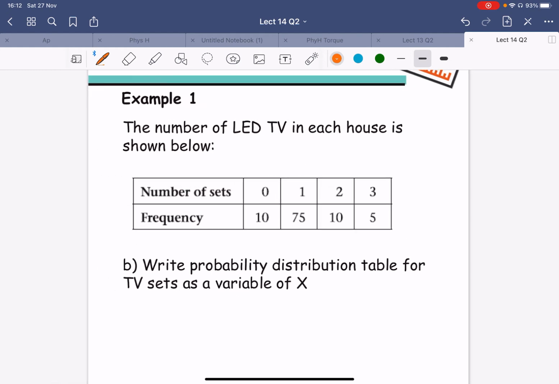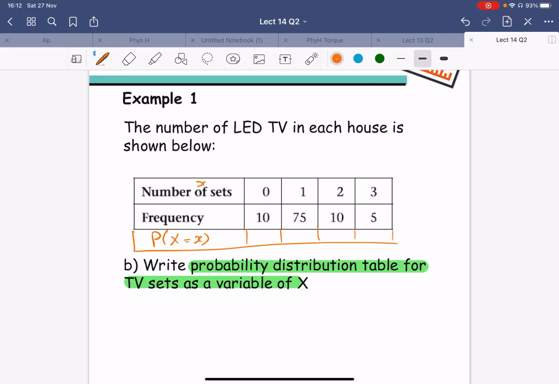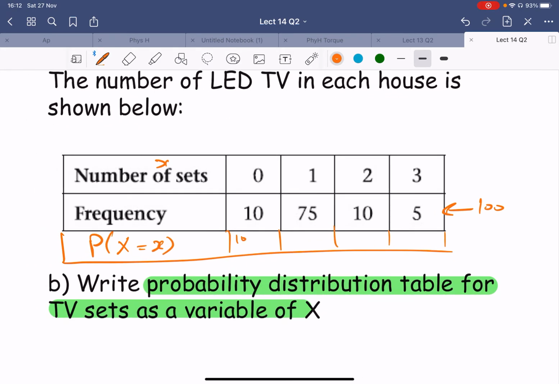Now let's write the probability distribution table for this TV. This is my X, by the way. Since you know that the total is 100, the probability will be 10 over 100, 75 over 100, 10 over 100, 5 over 100.